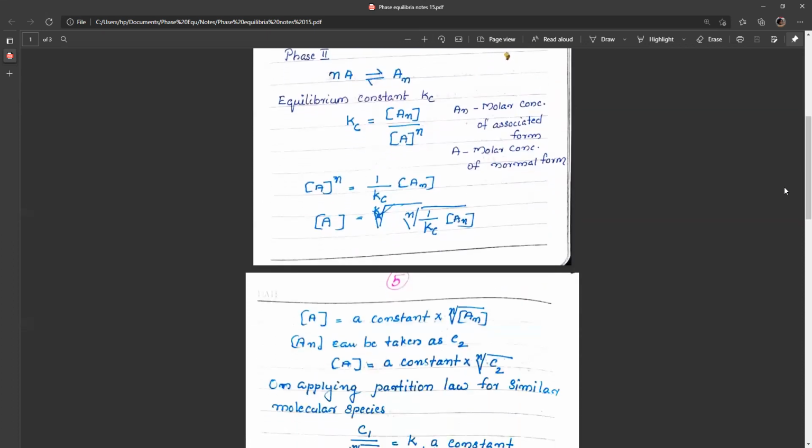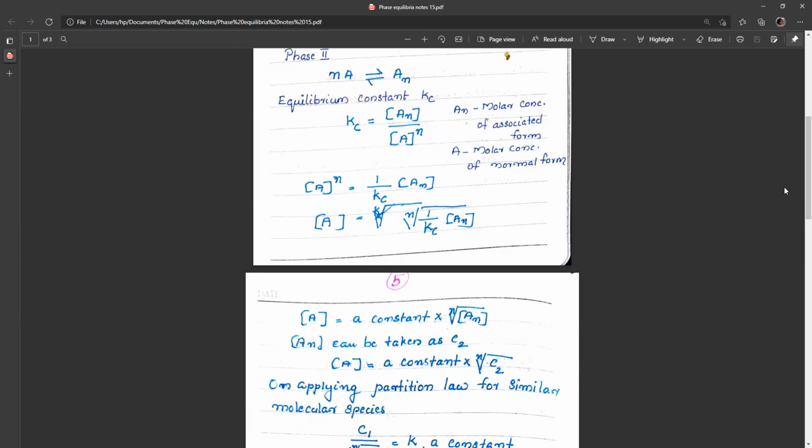So A is a constant into the nth root of An. Since 1 by Kc is also a constant, it can be taken as a constant into the nth root of An. An can be taken as C2, since it is the total concentration of the solute in solvent 2.